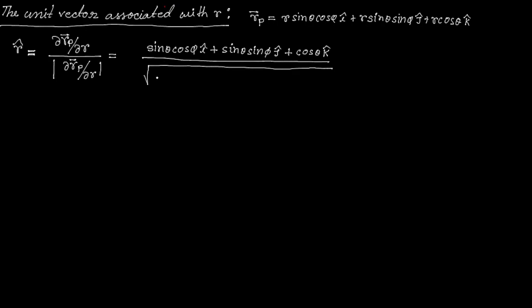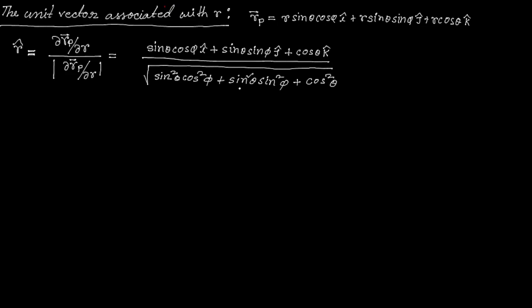What will be the magnitude? It will be the square root of the x component squared, that is sin square theta into cos square phi, then y squared, that is sin square theta into sin square phi, plus cos square theta.